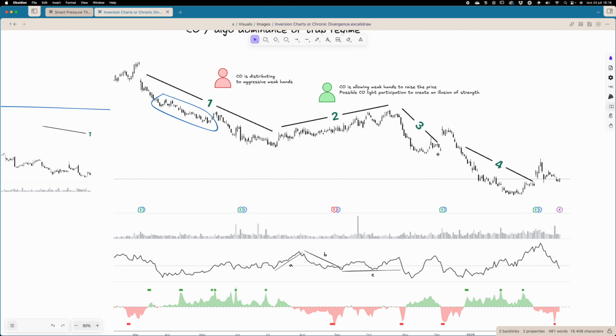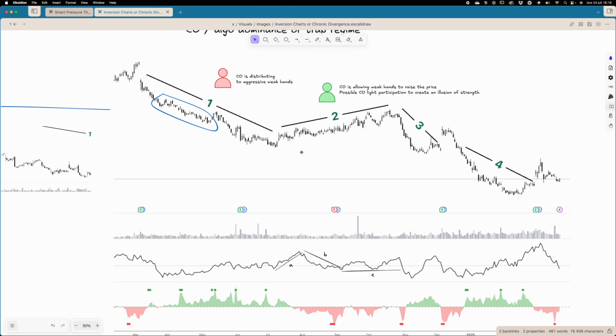If we look further on, we can see that this happens again in this downswing. We have this huge buying, and it doesn't really lead anywhere. Then we have a convergence going on here, and we drop again. This can go on for quite some time.